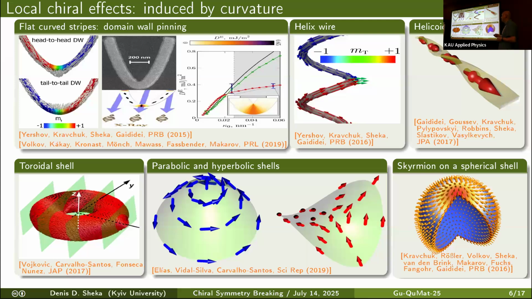For example, they can appear in flat parabolic nanostripes, and they dictate that the domain walls have a preferable direction, so a preferable handedness. For example, you see here that a head-to-head domain wall is always directed outward, and a tail-to-tail domain wall is always directed inward. They are pinned at the maximum of curvature.